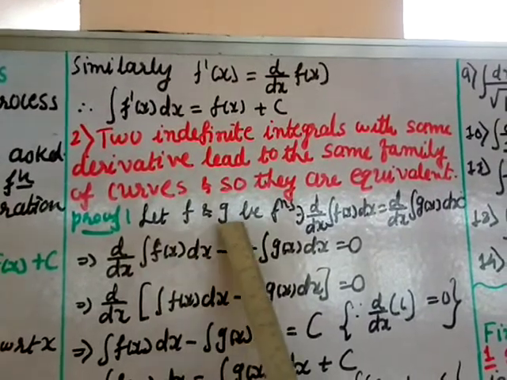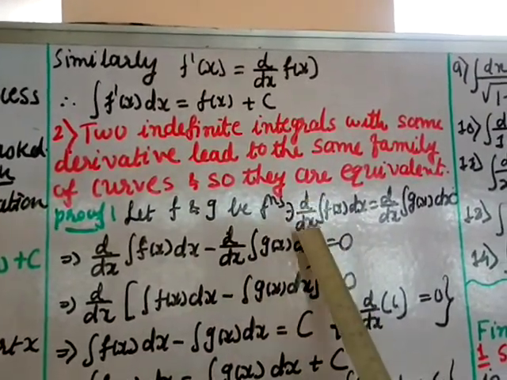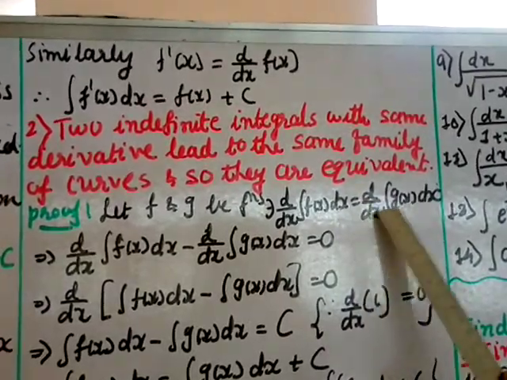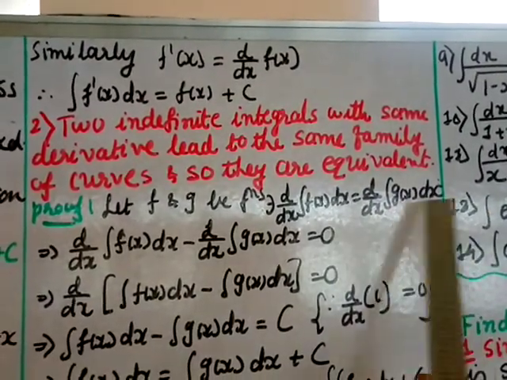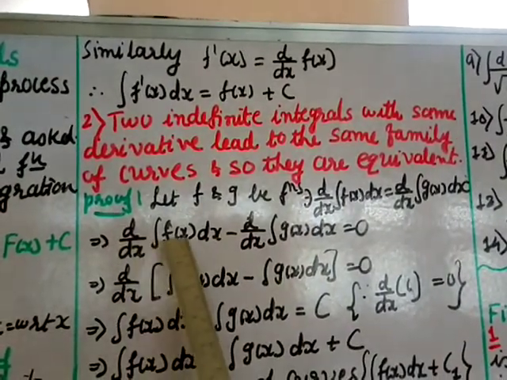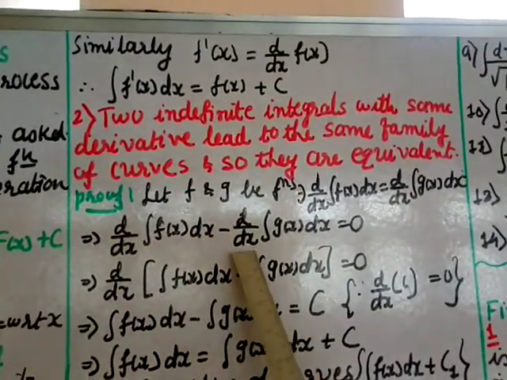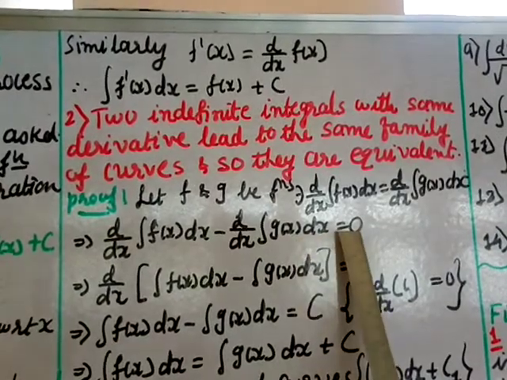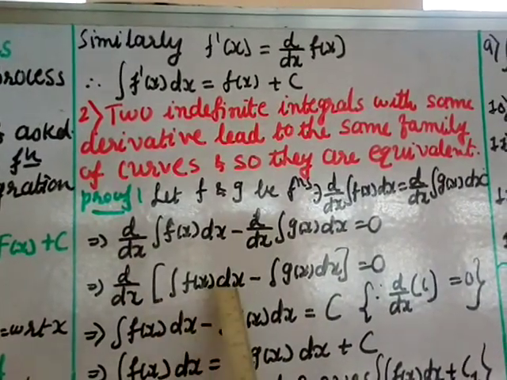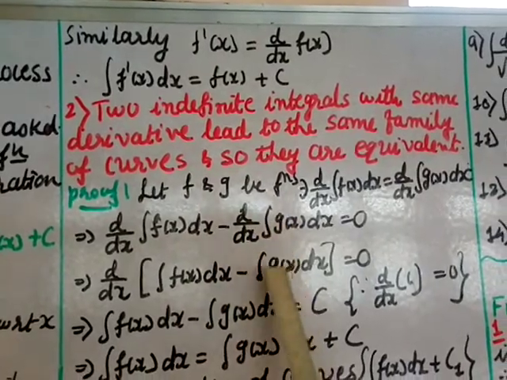Let f and g be functions such that d/dx of integral f(x) dx equals d/dx of integral g(x) dx. Both are the same. Transfer this side, so you get d/dx of integral f(x) dx minus d/dx of integral g(x) dx equal to 0. Taking d/dx common, d/dx of (integral f(x) dx minus integral g(x) dx) equals 0.